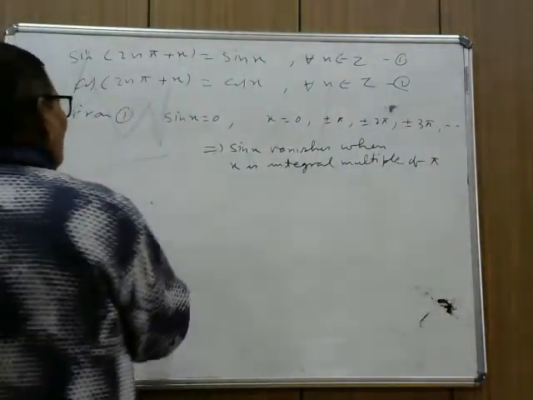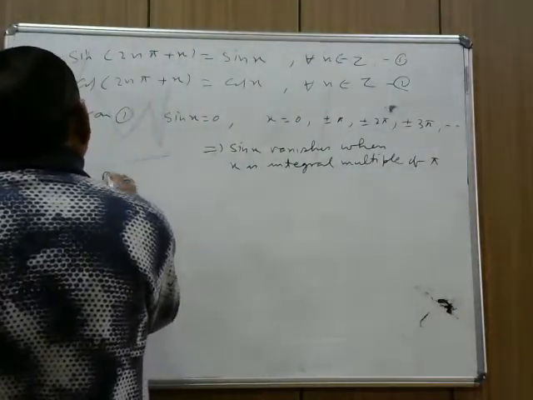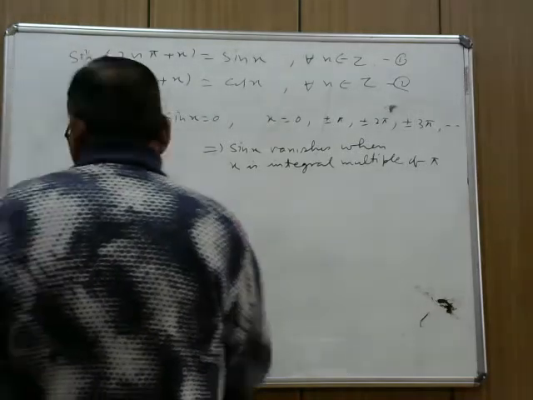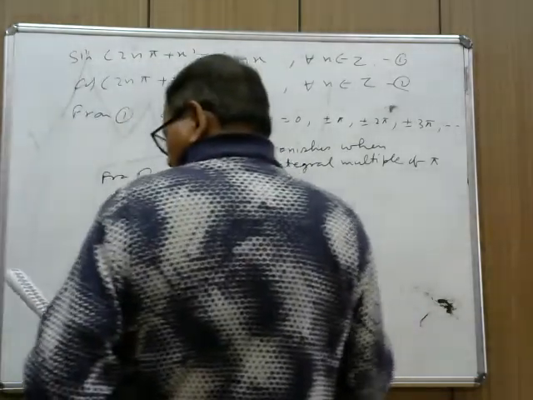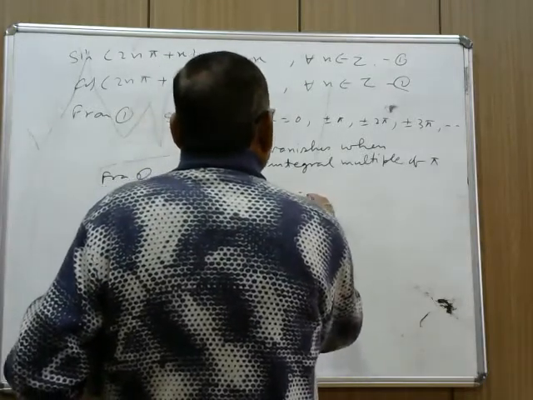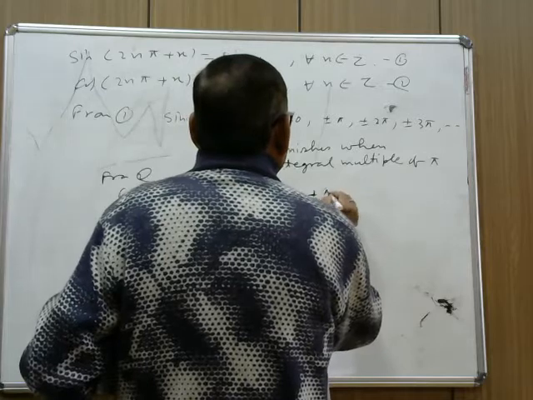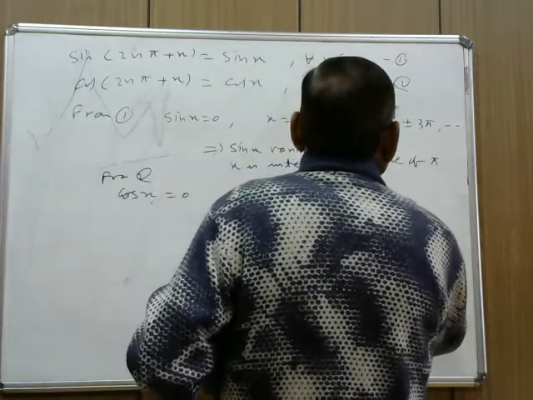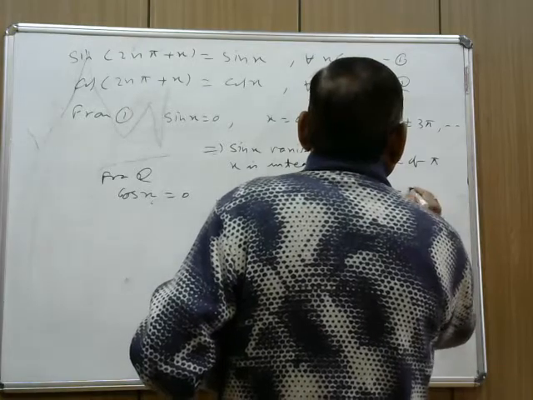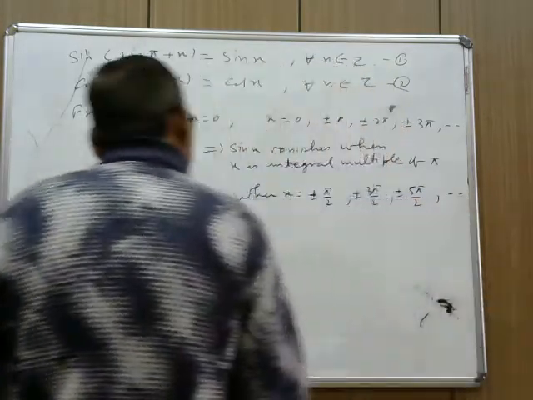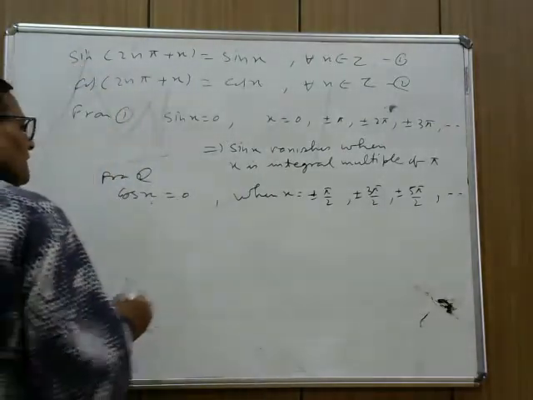So now come to cos x. From 2, your cos x is equal to 0 when x is equal to plus minus pi by 2, plus minus 3 pi by 2, plus minus 5 pi by 2, and so on. At these values of x, your cos x is 0.